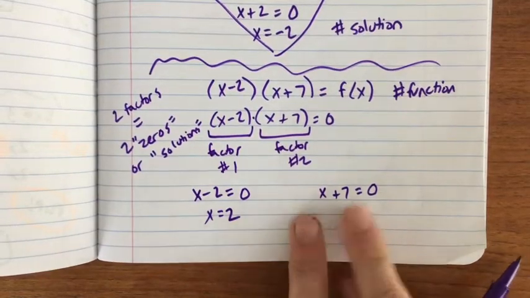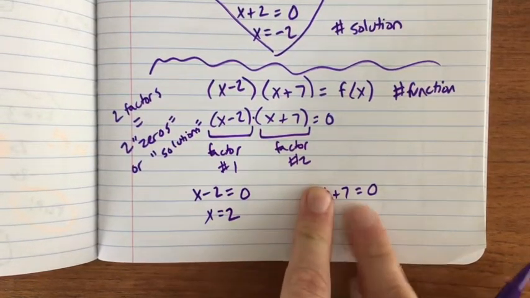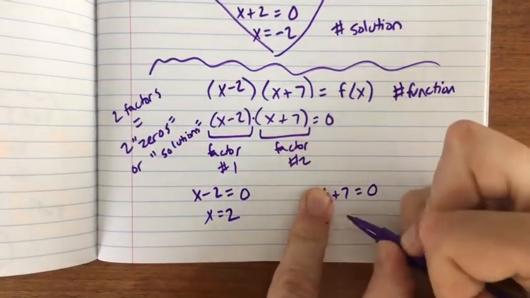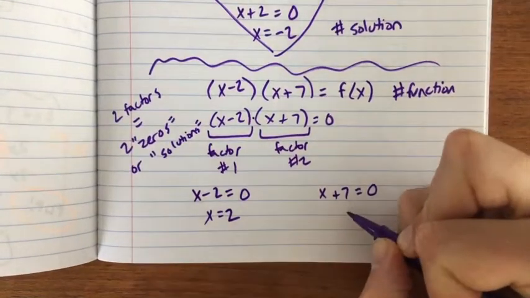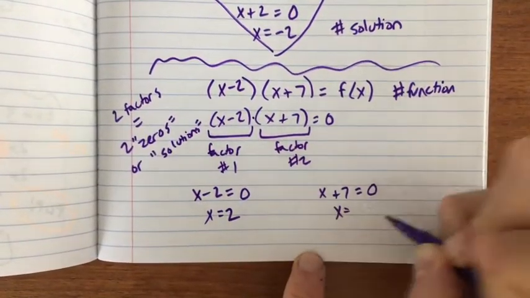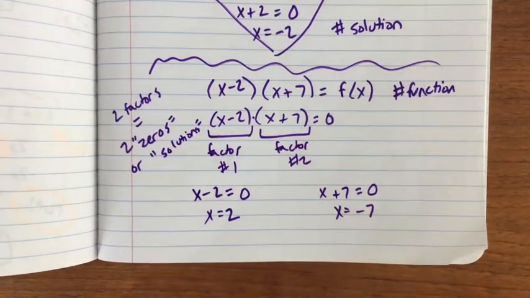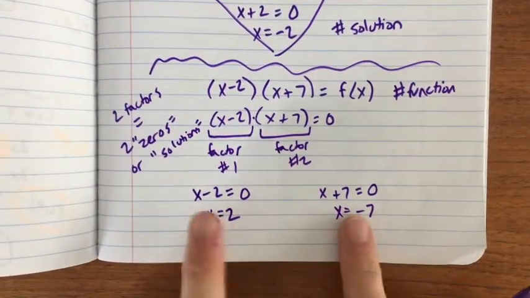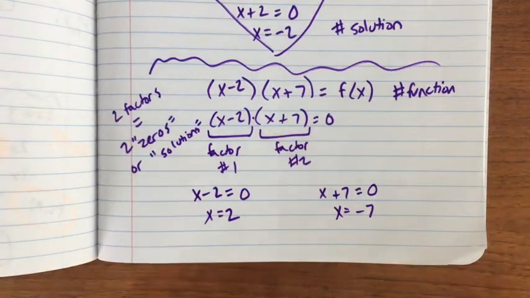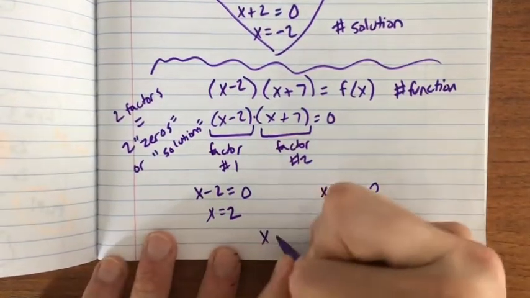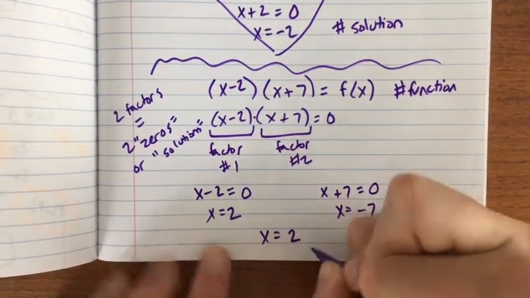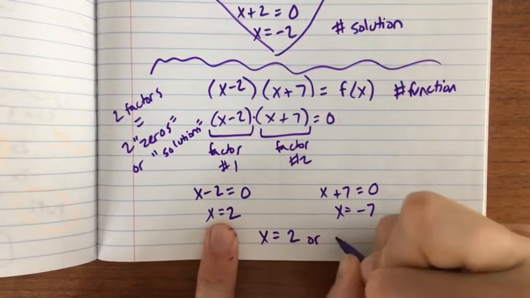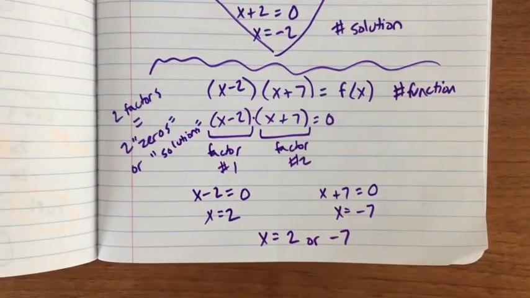And then over here, what plus 7 makes 0? Well, if it's a positive 7, to make that go down, I'm going to say that x has to be worth negative 7. We're going to call these two things solutions or zeros. So we could say that x equals 2, or x could be negative 7.